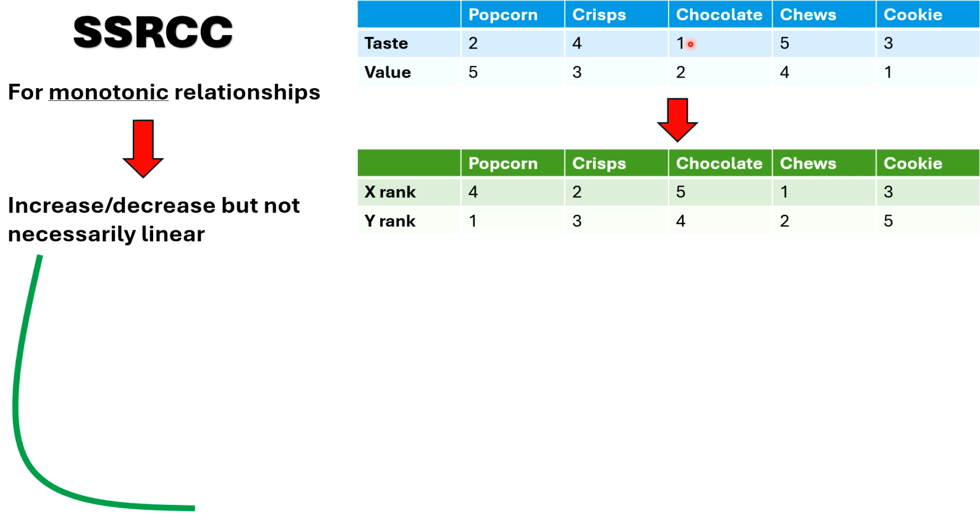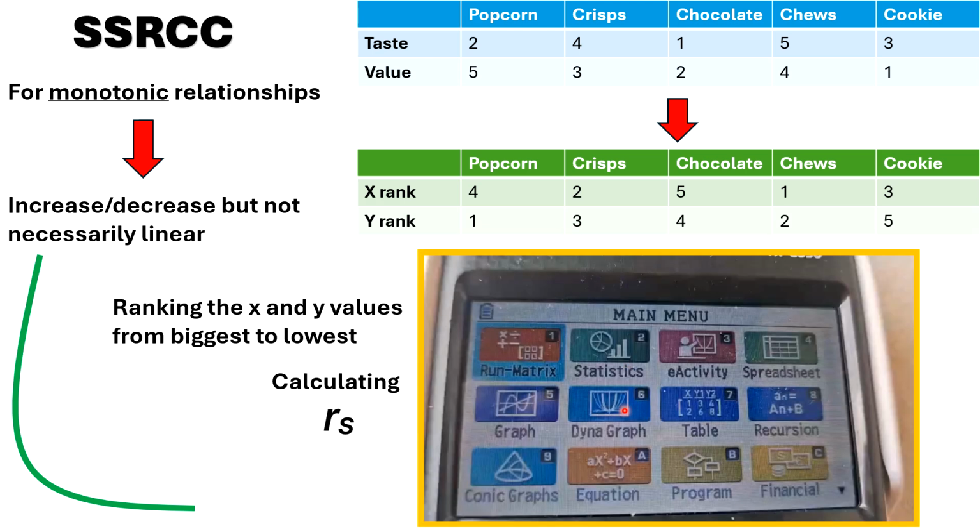Okay, I'm surprised by that. And so it's the worst value, it's the last value. How many values are there? 5. So it's number 5 in the list. Okay, and you do the same for the Y ranks, and that's what you're going to do always. Okay, this is very important. This time you're calculating R sub S, not just R. Let's have a look.